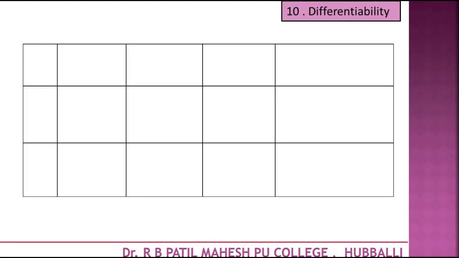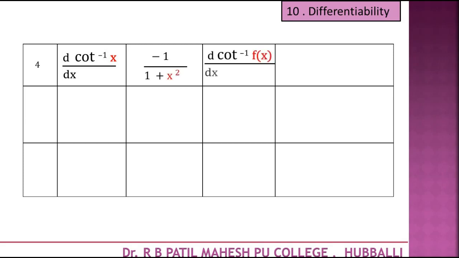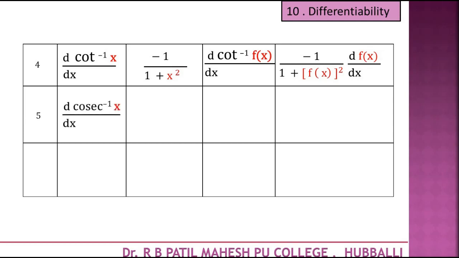The fourth one, d by dx of cot inverse x. It is the same but negative: minus 1 divided by 1 plus x square. If it is composite, that is x is replaced by f of x, then it is minus 1 divided by 1 plus function whole square into d by dx of function. The fifth function is cosec inverse x. You know the cosec inverse x derivative: minus 1 divided by x into root of x square minus 1.